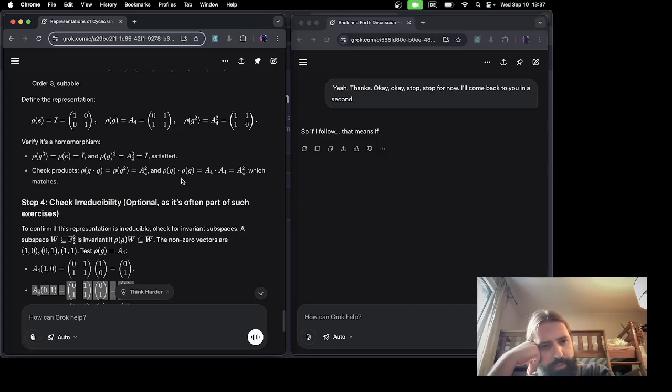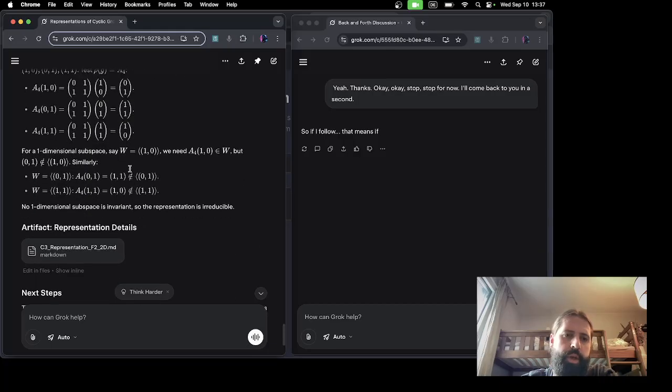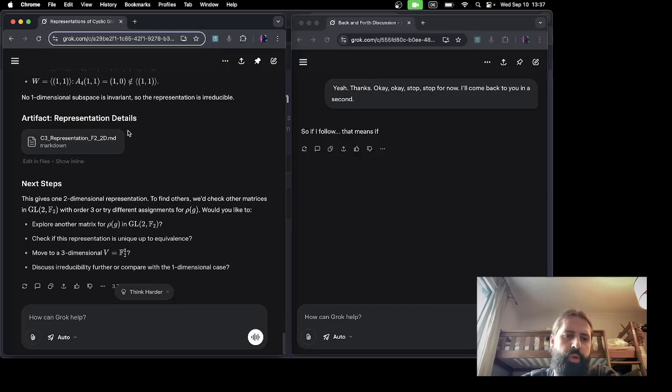And then you keep finding those representations. Now my question is, do you need to explore?